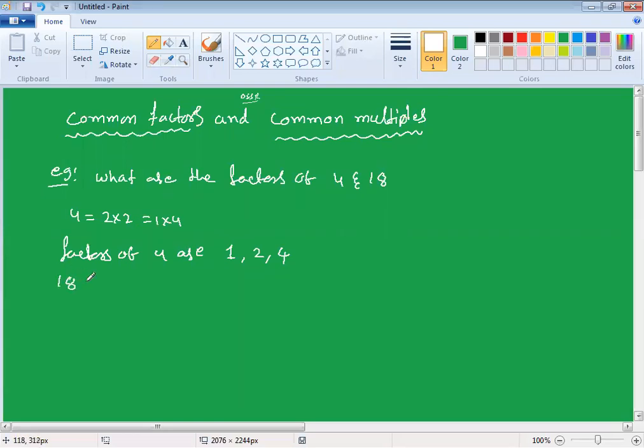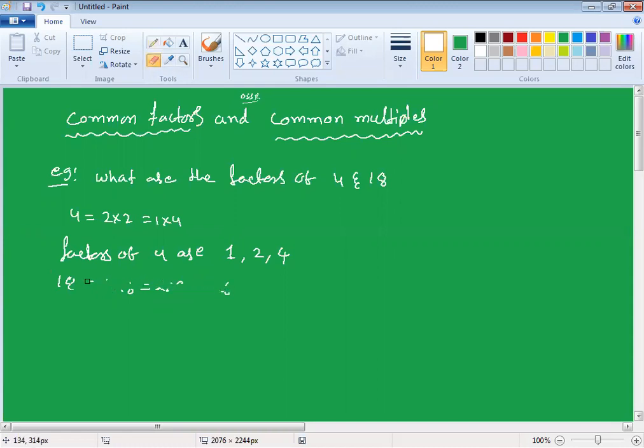The same way for 18, how can we write 18? To start with, 1 into 18 is 18 only. Again 2 into 9, 18 only. With 3 6 ja, again 18. Or we can write like this.